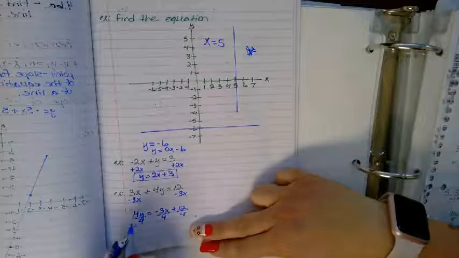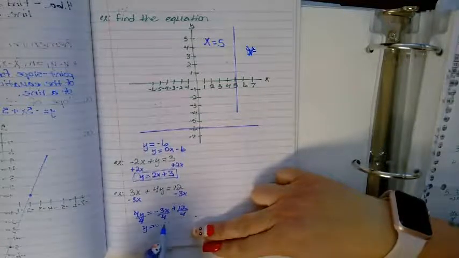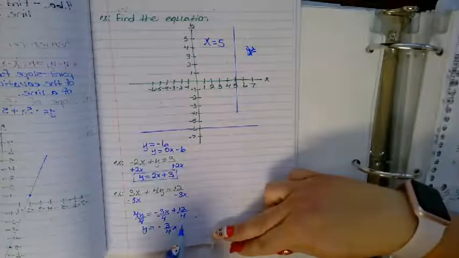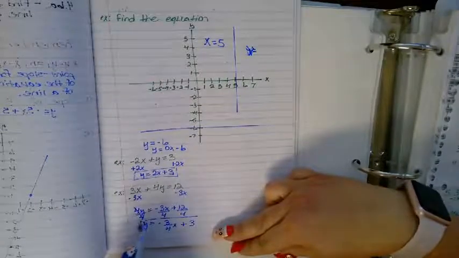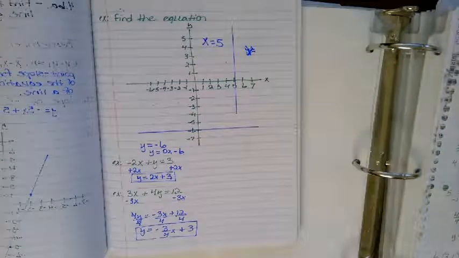So those cancel. We're left with our y. Then we're left with a slope of negative 3/4. And then 12 divided by 4 should give us a 3. So that is that one. So y equals negative 3/4 x plus 3.